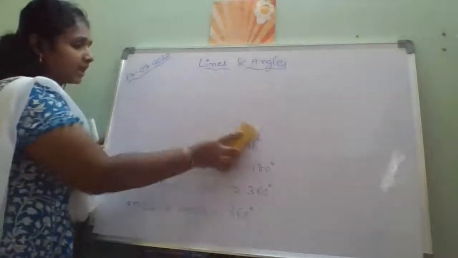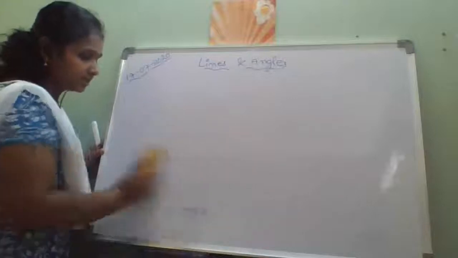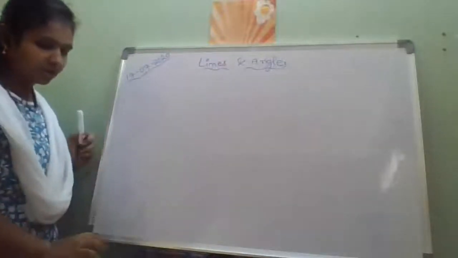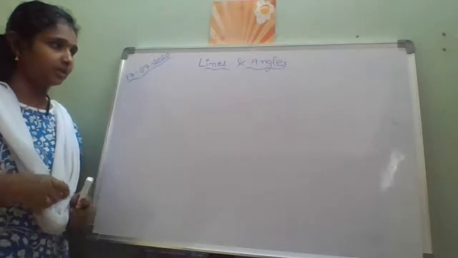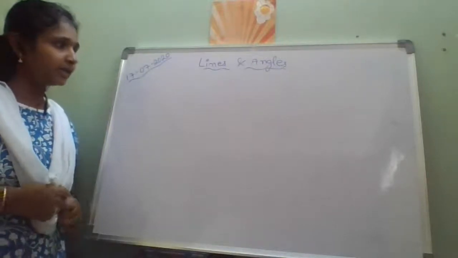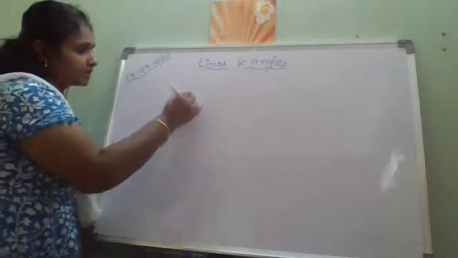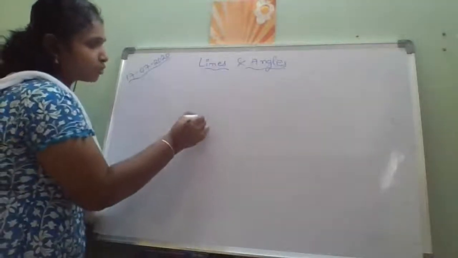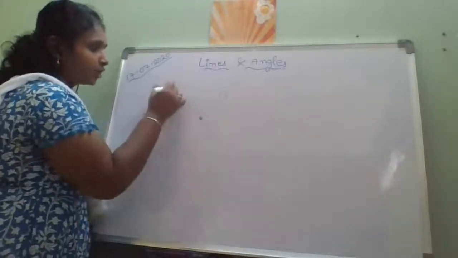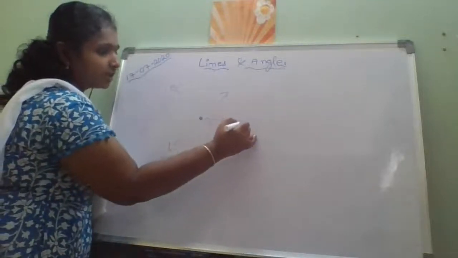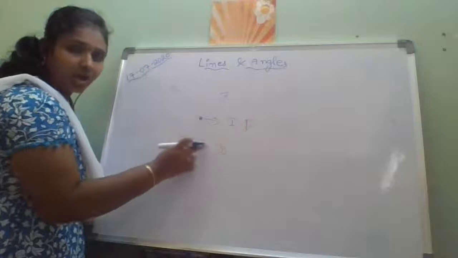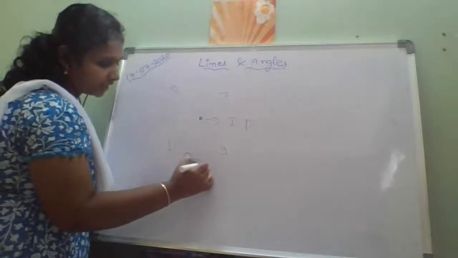Two lines join at a common point. See, for example, these two lines joined at one common point. So this point is the intersecting point, and these lines are called intersecting lines.